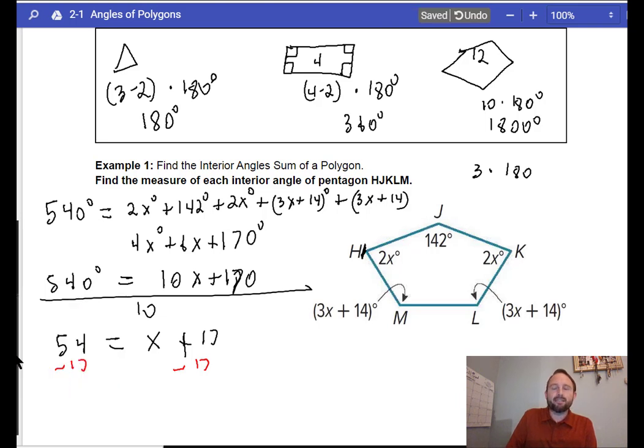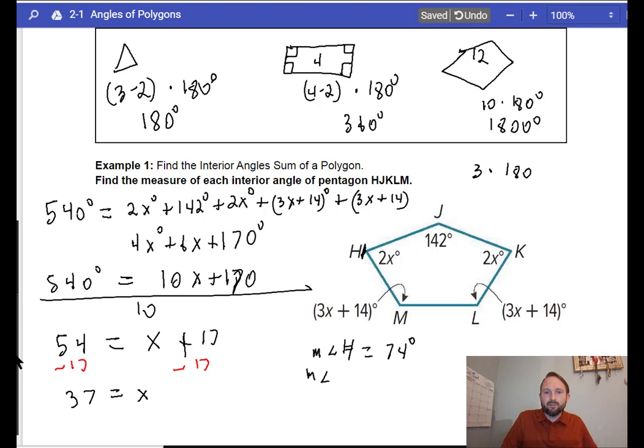And 54 minus 17 is 37, equal to x. Now it's not what is x, it's what are each of the angles. The measure of angle H is equal to 2 times 37, 74 degrees.